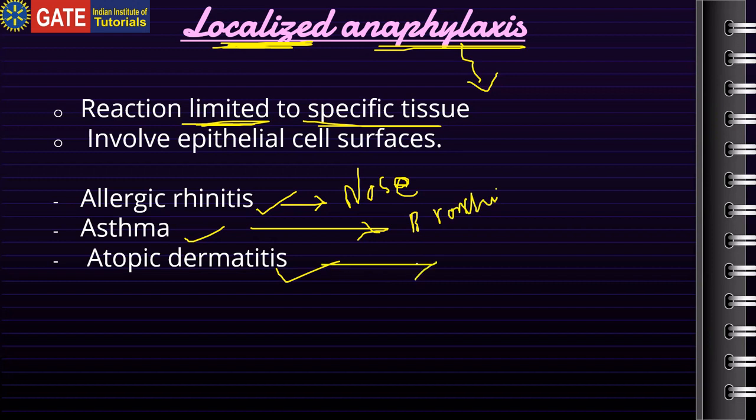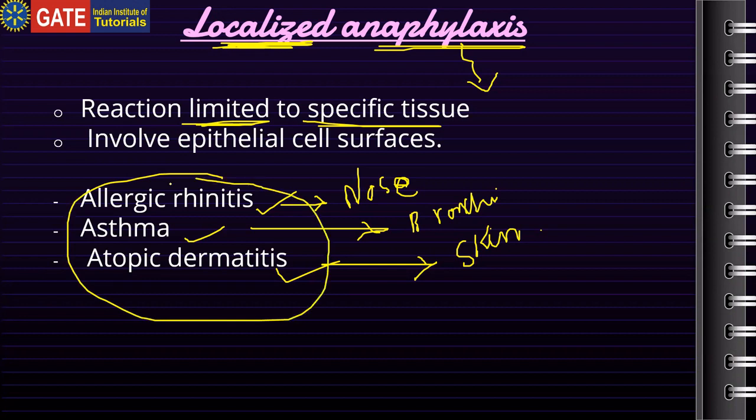Atopic dermatitis is also specific, friends, to the skin. Correct? Only to the skin. So what you have to understand, in these three conditions, hypersensitivity reactions are taking place, but they are specific to one particular tissue only. That's what we call localized anaphylaxis.